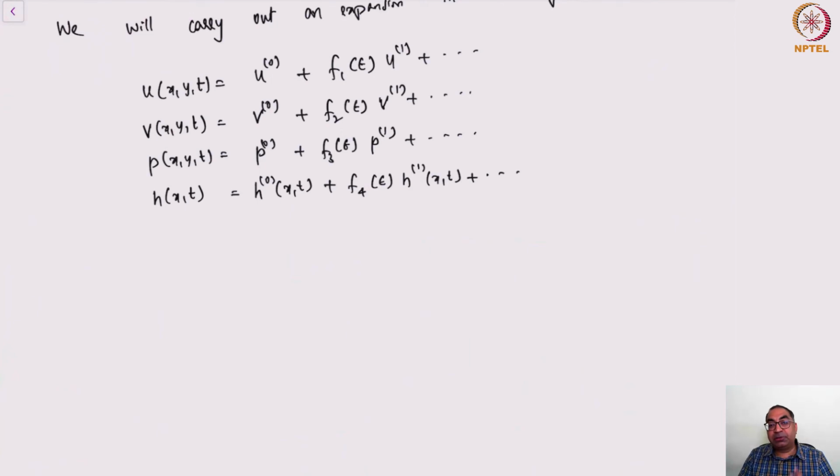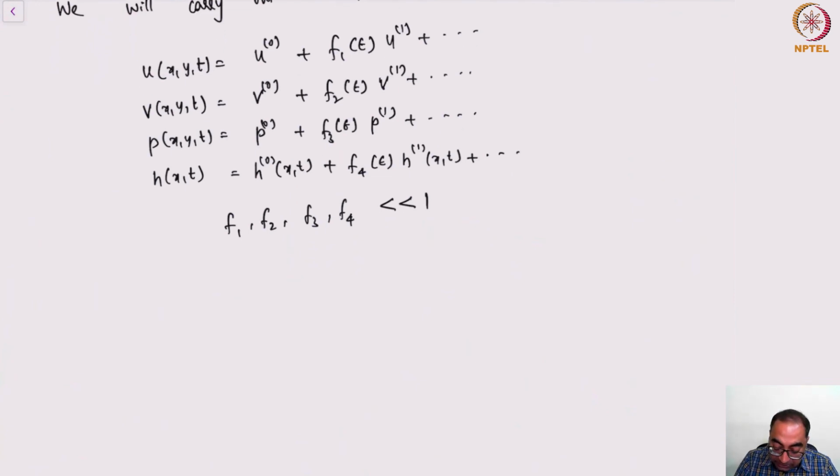It is possible to determine exactly what these gauge functions are, but it suffices to say that f1, f2, f3 and f4, they're all much smaller than 1. It's sufficient for us because the focus in our analysis is only on the leading order terms.